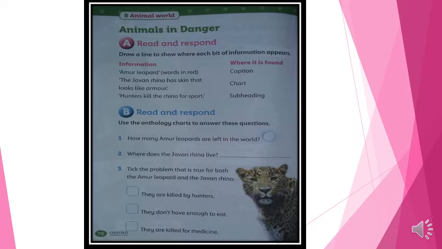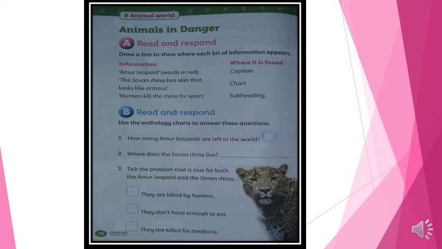Number 3. Take the problem that is true for both the armor leopard and the Javan rhino. So here 3 statements have been given to you. You are going to take the problem which is common for both the armor leopard and the Javan rhino. So they are killed by hunters.